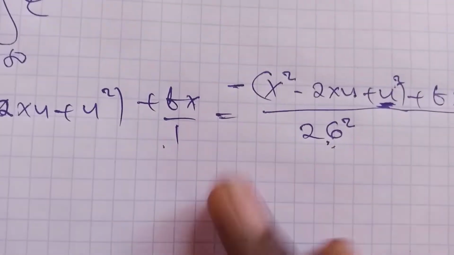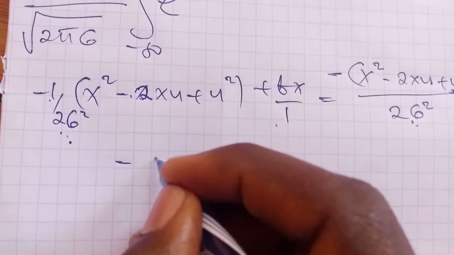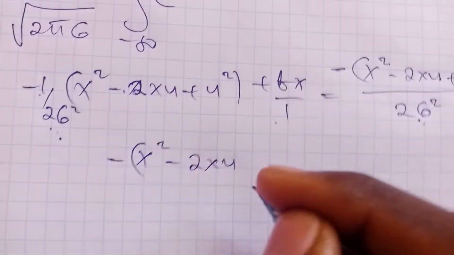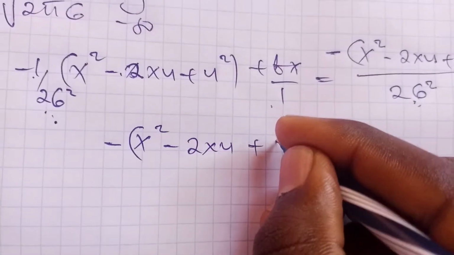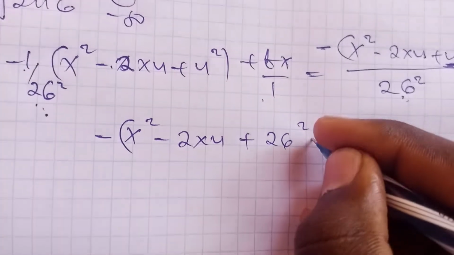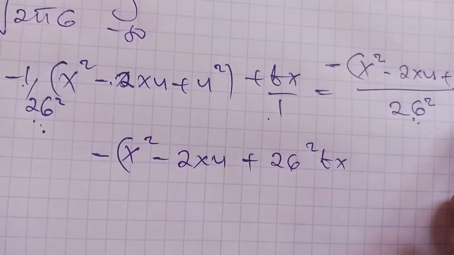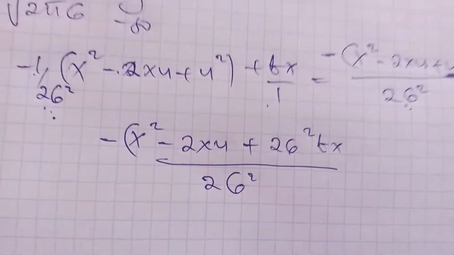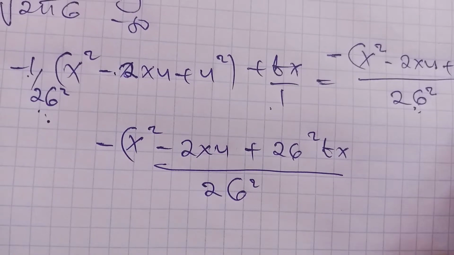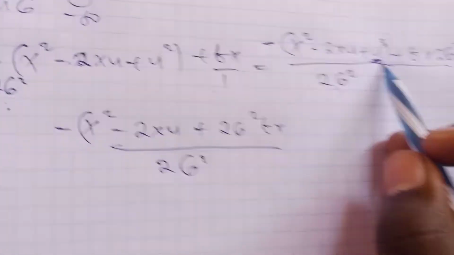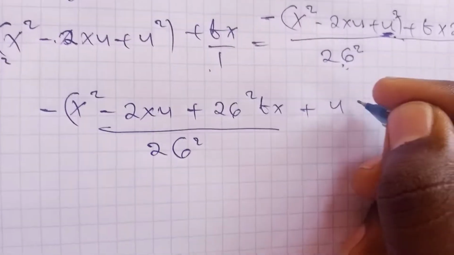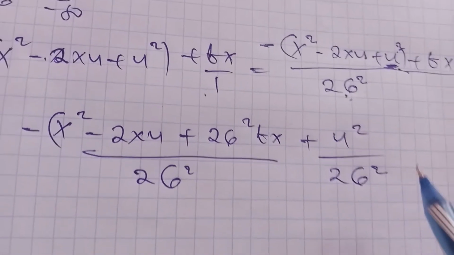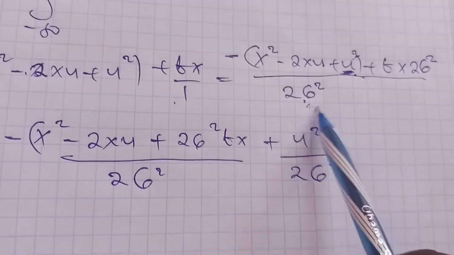So it will be left with negative x squared minus 2xu plus 2 sigma squared tx, divided by 2 sigma squared. Then we'll move this one outside, so it will be plus u squared over 2 sigma squared, because they are under the same base.